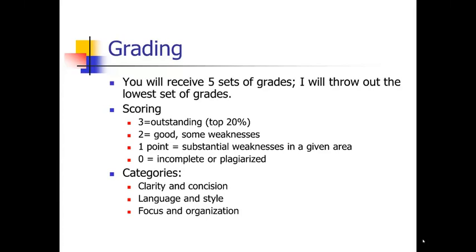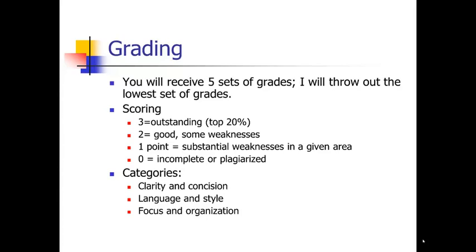So you will be graded on 3 categories. You'll get a 0 to 3 score on each. The first category is the clarity and concision of the writing. This is everything I was talking about in Unit 1: getting rid of clutter from your writing, writing in a clear and clean style, being concise, and not using too much jargon and acronyms. Remember, you're supposed to be writing for a wide audience of scientists and peers in your class.